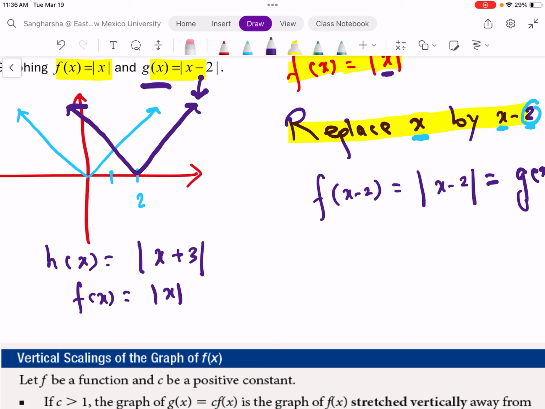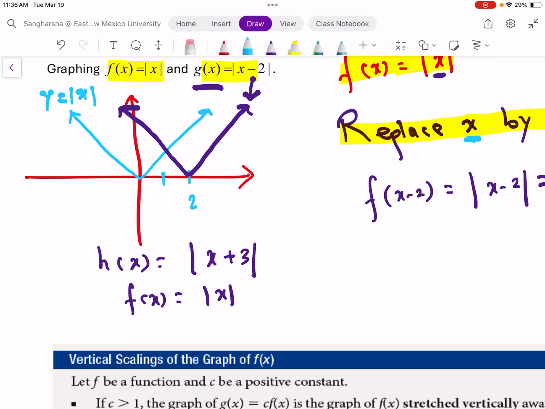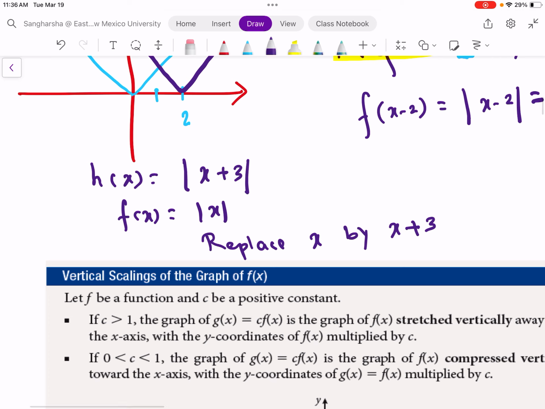Now what happens to the graph? This is the graph for a basic function. We already have it: y equals absolute value of x. And when we replace x of a function by x plus some number, in this case 3, where do you think the graph will shift?